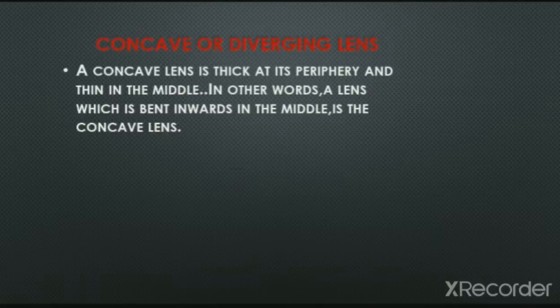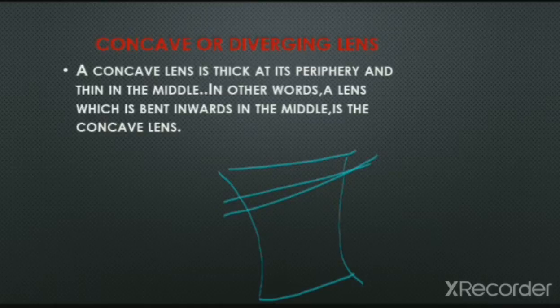So if you see a lens which is thick at its periphery, that means the upper and lower parts are thick and the middle part is thin, that type of lens is your concave or diverging lens. If you touch a lens and find that the middle part is thin and the periphery, the upper and lower part, is thick, then you will say this is a concave lens.